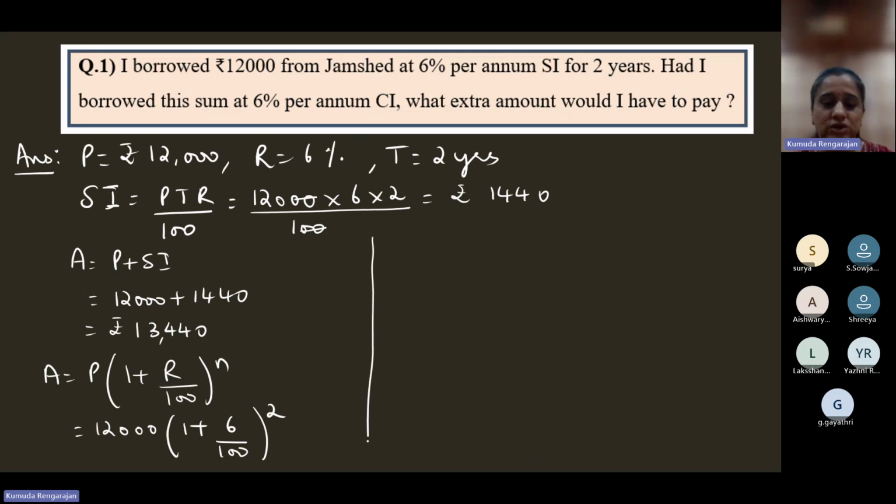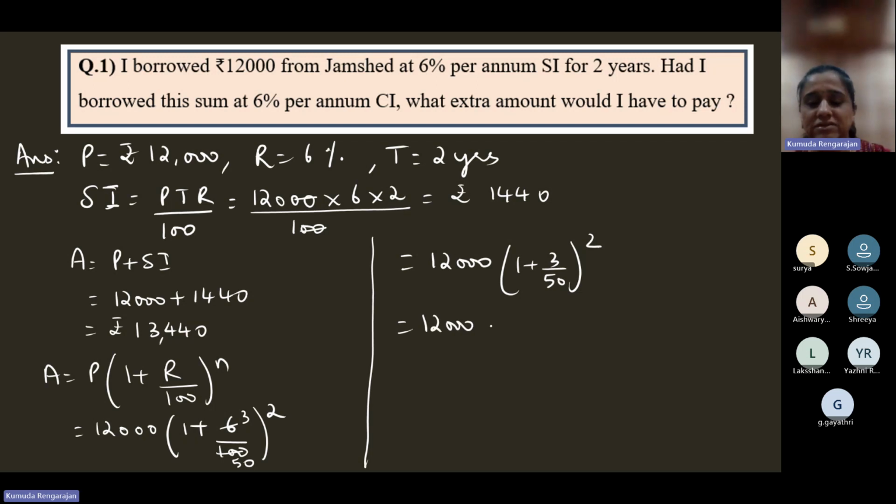I'll just continue here, children. That's equal to 12,000. You can simplify 6 by 100. So this is going to be 2 3s are 6 and 2 50s are 100. So this is 12,000 into 1 plus 3 by 50, the whole square. Now take up the LCM. 50 is the common denominator.